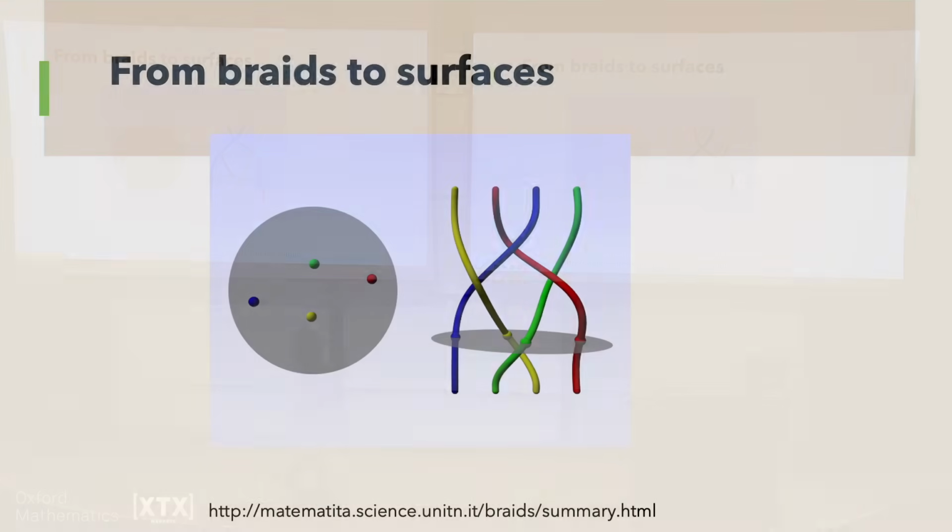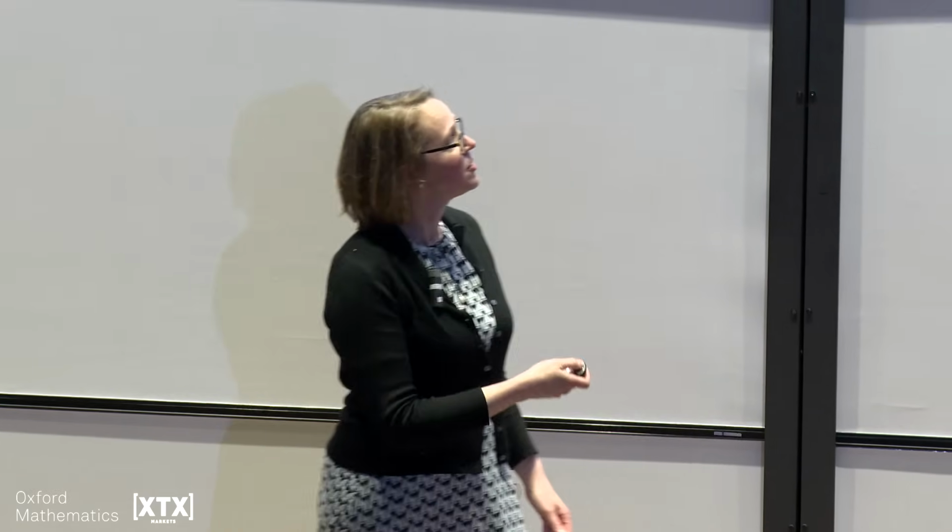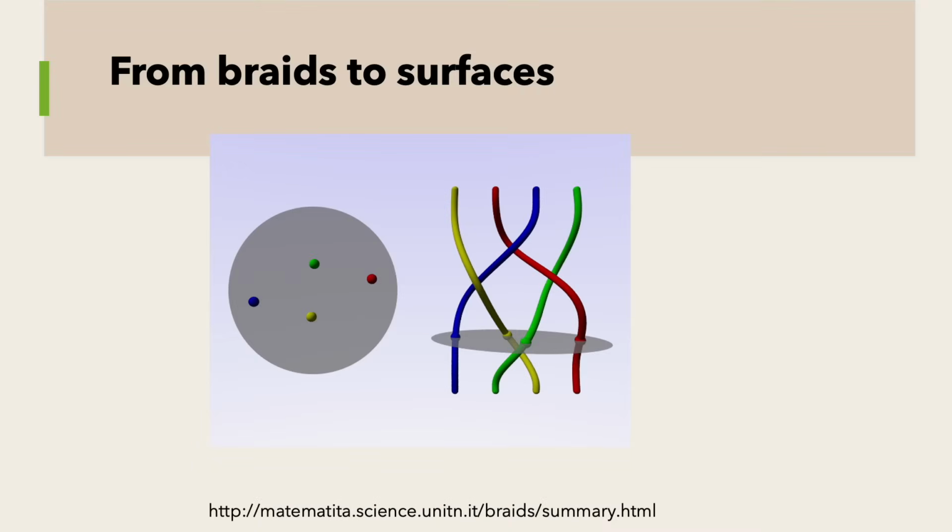Okay. So that gives us a natural dictionary between our geometric intuition of intertwining strands and motion on a surface, right? Keeping track of points on a surface. So for any braid that I have, I can think about that movie we just saw of moving the disk down and see what happens to the points of intersection of that disk with the braid.